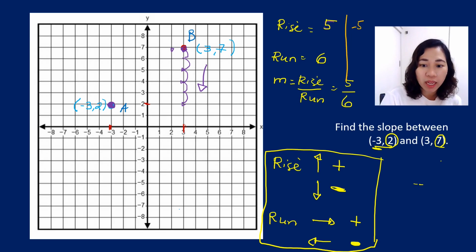And then I will go to the left by how many? 1, 2, 3, 4, 5, 6. But since I'm going to the left, your run is negative. Understand?